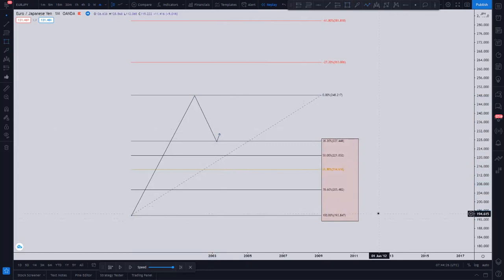We only need one tap. What do I mean? Whenever price enters into our 38.2, there's a high chance that it can tap into our 50, a high chance also that it can tap into our 61, and a high chance that it can tap into our 78. So all of these are now valid for us.